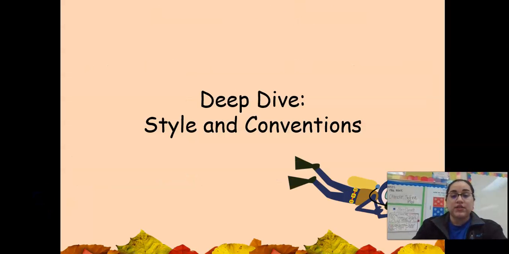Now we're going to continue our deep dive, and our deep dive is very fun, boys and girls, because we're going to be identifying simple and compound sentences. So it's going to be a fun deep dive.